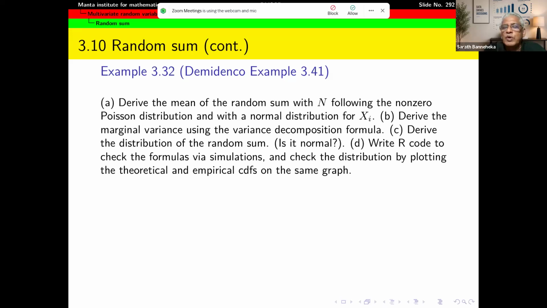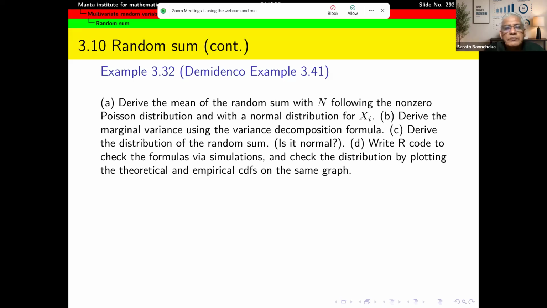So what we are assuming is that n has a truncated Poisson distribution, where n equal to zero is not possible. That kind of Poisson distribution is available, and we can consider the zero-truncated Poisson distribution as the distribution of n.